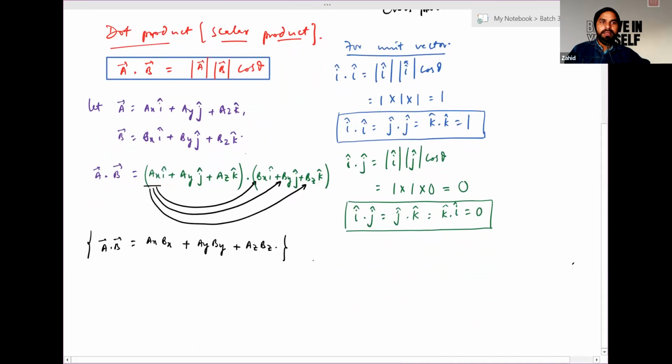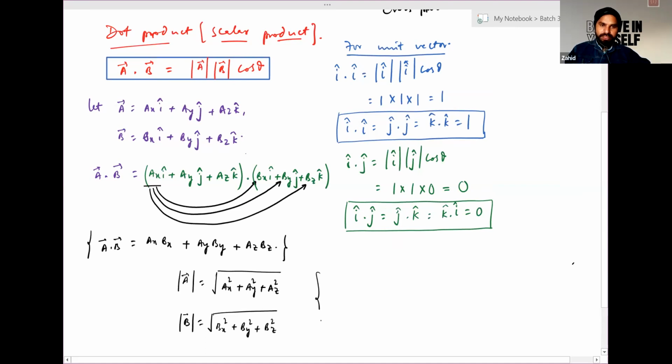Okay. Similarly, if you find mod of A using components, it will be root under Ax square, Ay square, and Az square, and the magnitude of B vector will be root under Bx square, By square, and Bz square.